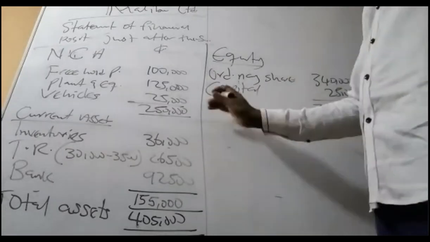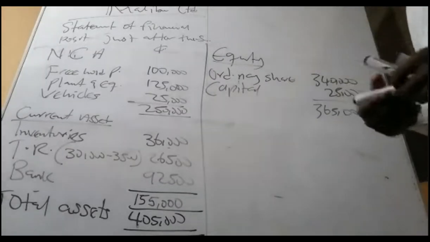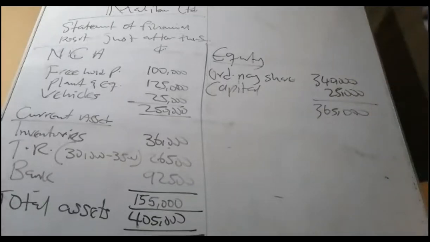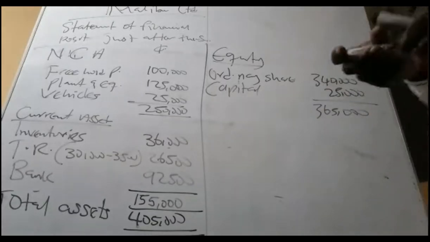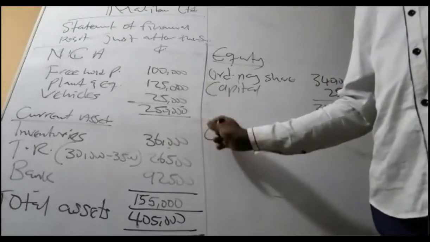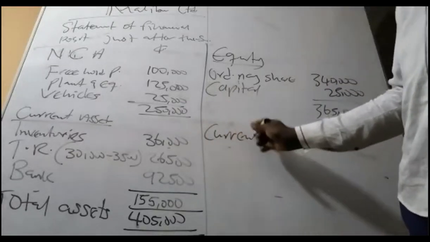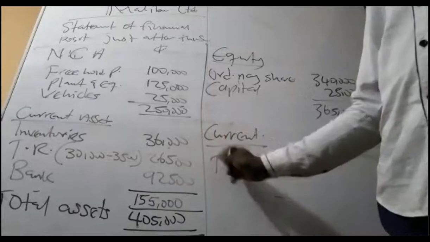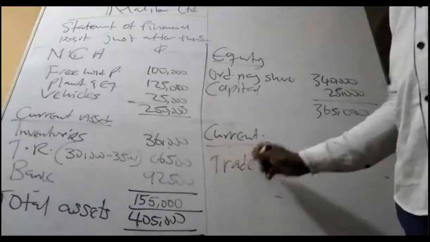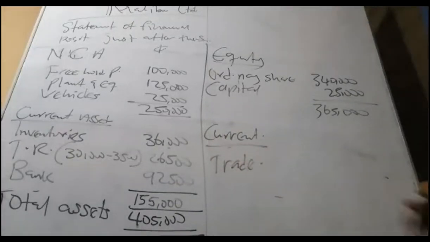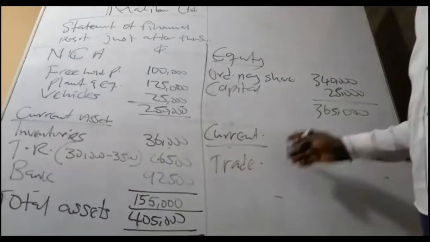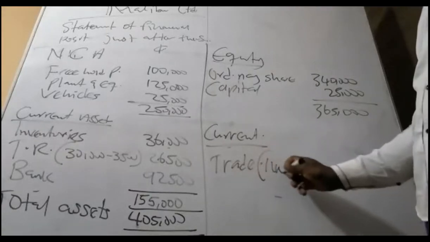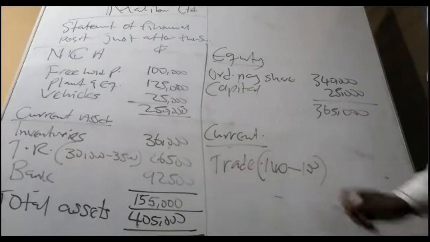Then we come to liabilities. Which of the liabilities do we have, current or non-current? In this case, you only have current liabilities. So current liabilities, trade payables. We paid 100,000 out of the 140,000. So it was 140 minus the 100 that we paid them.